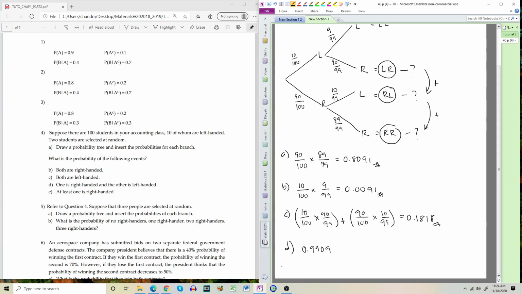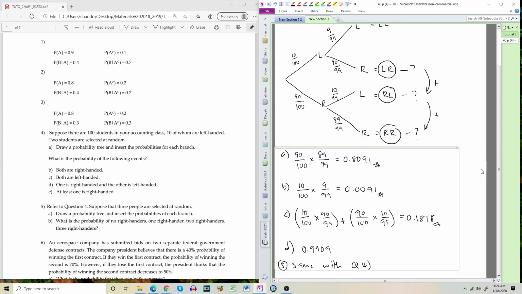Number 5 is I want you to do the same with Q4. Suppose that 3 people are selected. The same thing, but now 3. You can try slowly at home and try the question.